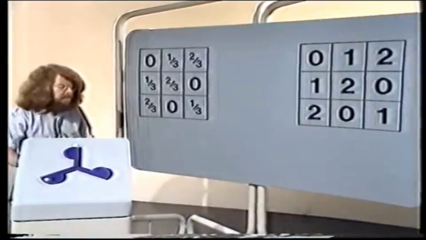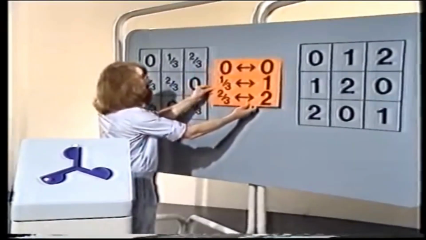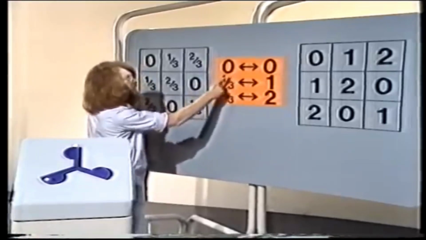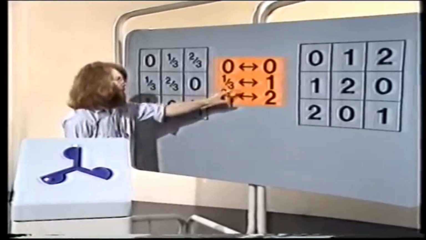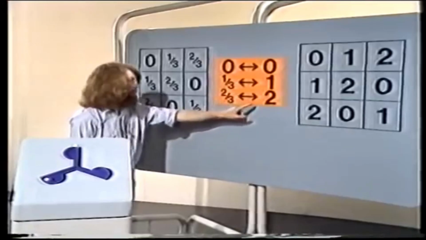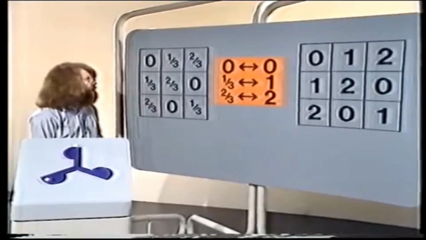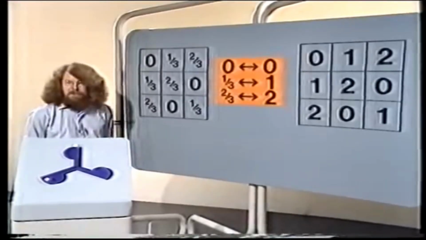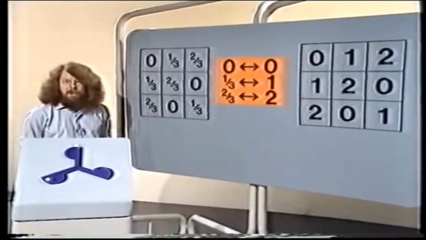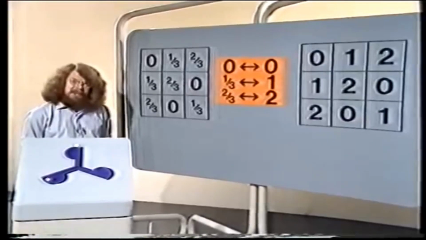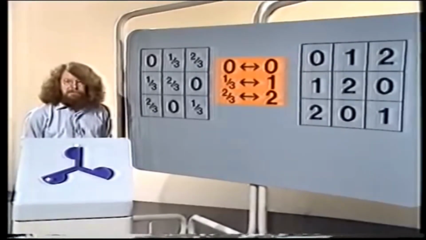So there is a pretty natural correspondence. The identities correspond. 1/3 corresponds to 1, 2/3 corresponds to 2. And under this correspondence, these two tables become the same. They're isomorphic. Well, in fact, it turns out that any two groups of order 3 will be isomorphic, and we'll see a proof of that in the next unit.